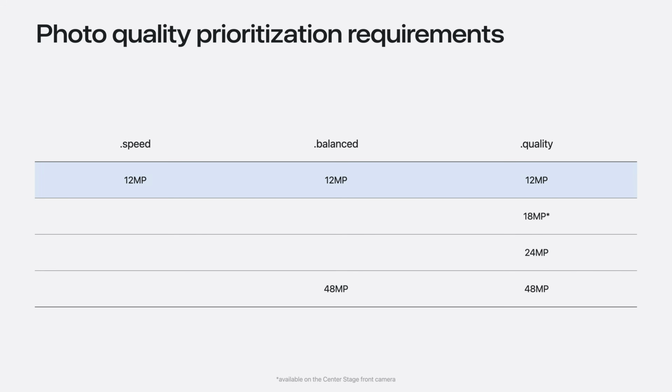You can capture 12 megapixels across all three prioritization levels. 48 megapixel images, because they are only a single frame as covered earlier, are available with either balanced or quality prioritization. 18 megapixel and 24 megapixel are multi-frame fused images and take longer to process, so only quality prioritization allows them.